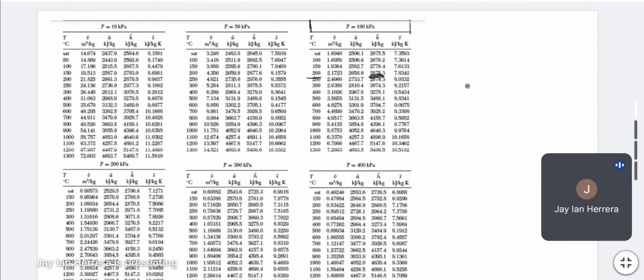Yan. I-discuss ko kung paano kunin yun sa Monday. So, syempre, around gitna niyan, around 2920 kilojoule per kilogram.